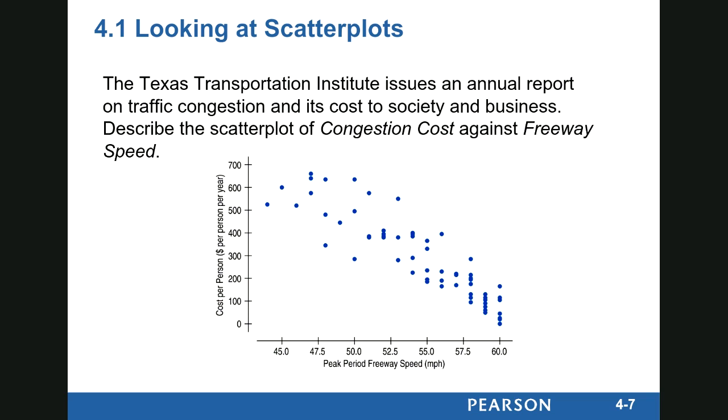So congestion cost is done using many factors. These are common feasibility studies that are conducted, and there are many factors that go into congestion cost. Loss of productivity is one thing. There are many different costs associated with this: opportunity cost, the cost of gas.